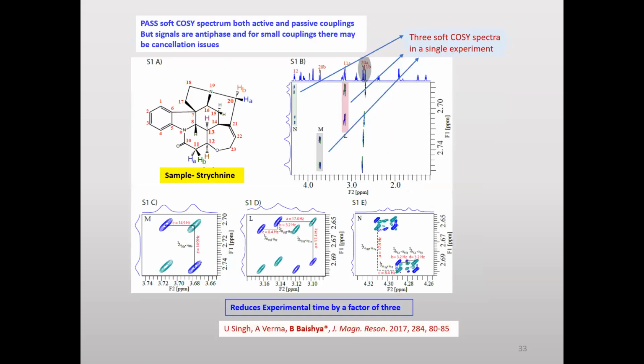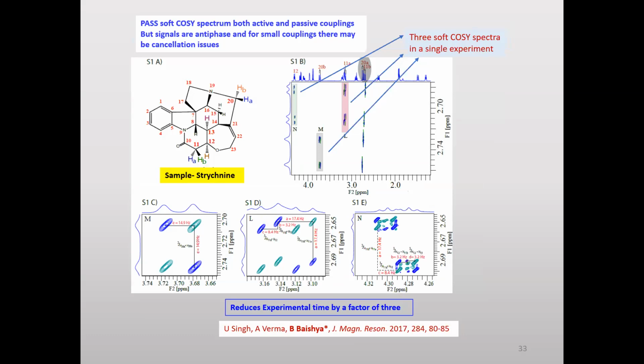Here's an example, and this is the PASTA soft COSY spectrum at the top. This is the PASTA soft COSY spectrum of the protons H20A and H11B of the sample strychnine. You can see there are three soft COSY spectra that can be recorded in parallel using this PASTA soft COSY approach.